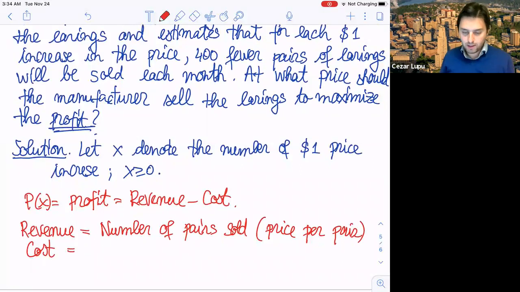And now the cost will be the number of pairs sold, right?